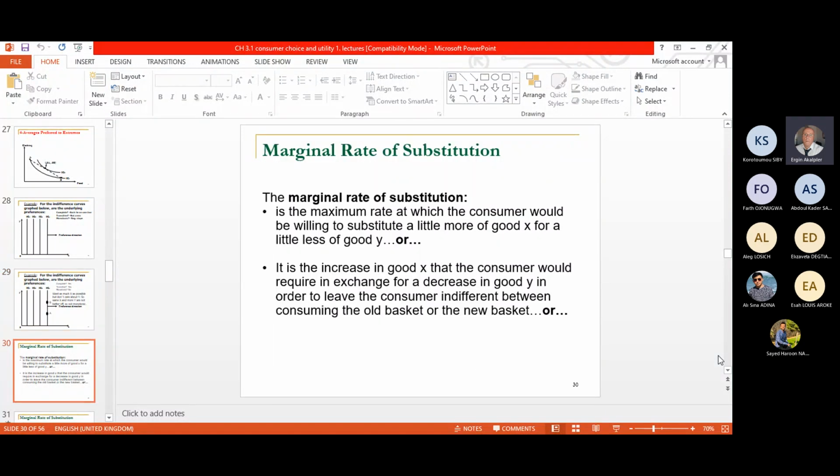The marginal rate of substitution is the maximum rate at which the consumer will be willing to substitute a little more of good X for a little less of good Y. It is the increase in good X that the consumer would require in exchange for a decrease in good Y in order to leave the consumer indifferent between consuming the old basket or the new basket. Therefore, you are always preferring the better off position, where it is moving away from the origin.